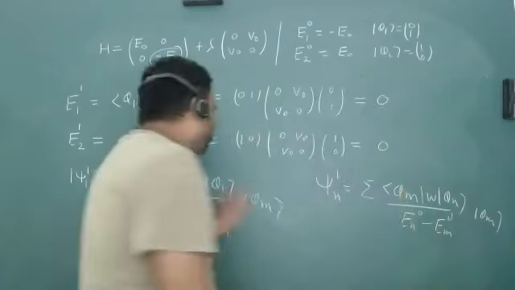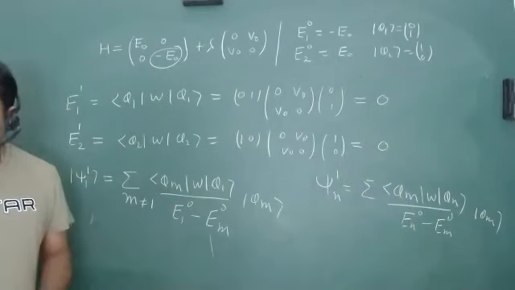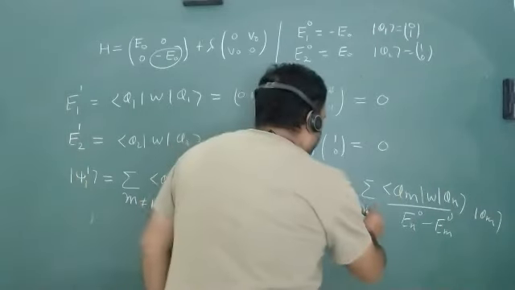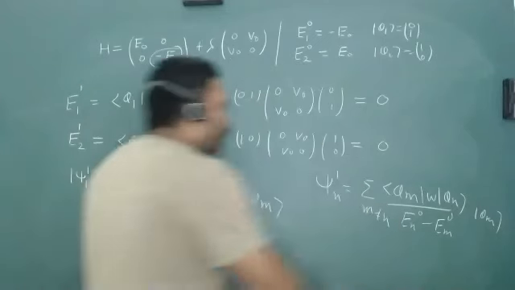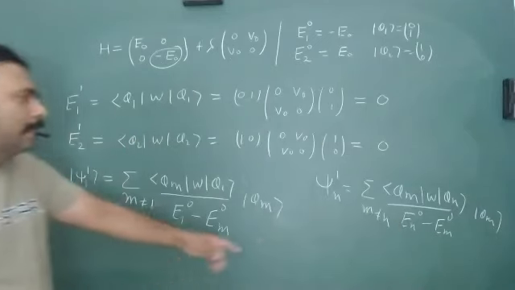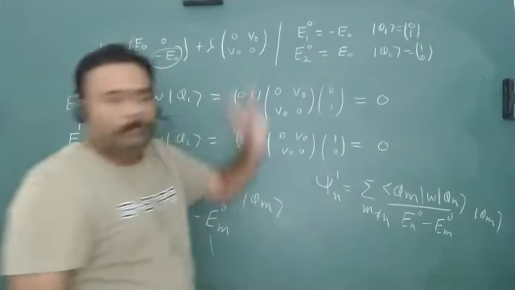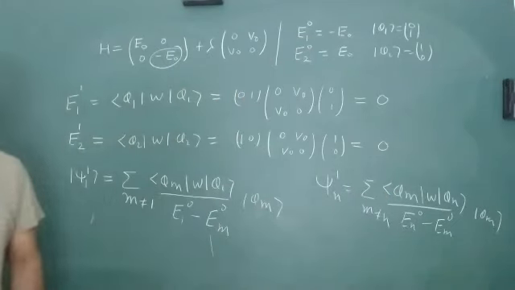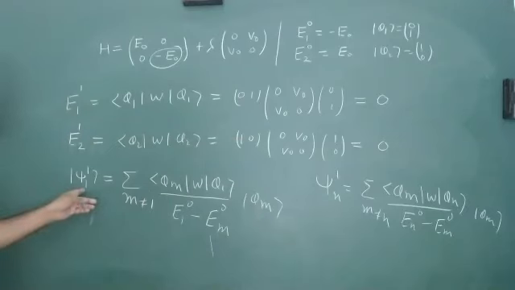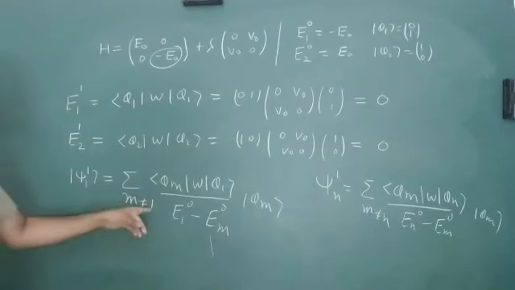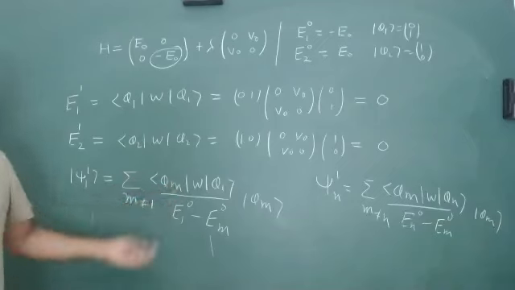Now you can compare it, and m is not equal to n. What are the possible values of n? The possible values of n are 1 and 2, only 2 possible values. So if n is equal to 1, then m should not be 1. Then only one case is there, m will be 2.